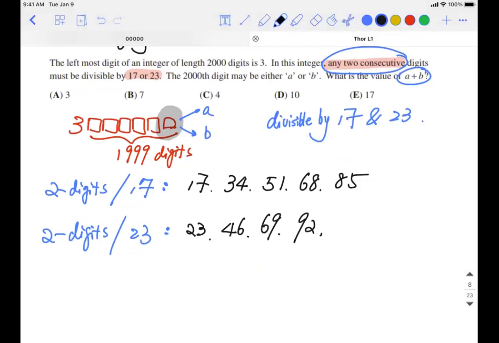Now, everything has been listed out. Did you find something interesting about all those numbers? 17, 34, 51, 68, 85, 23, 46, 69, 92. It looks like the first digits are all different.